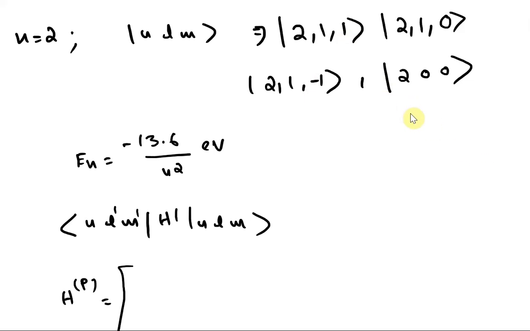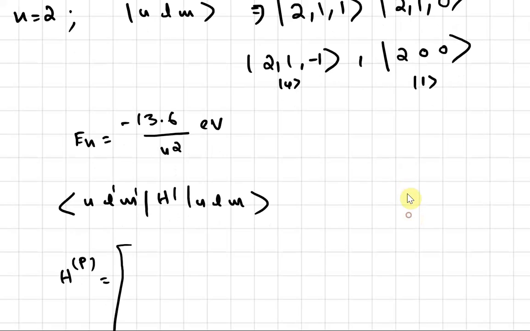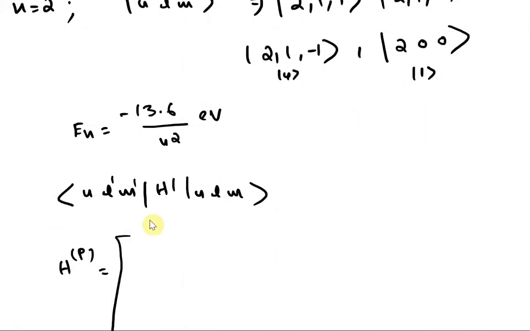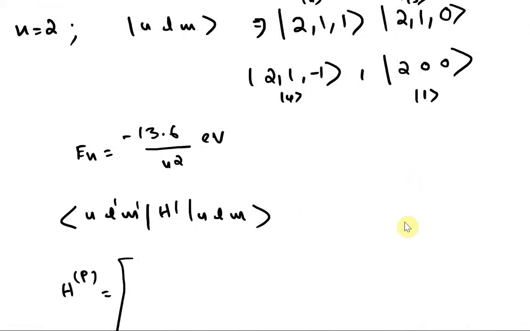I'll just take this one as my state 1, this is 2, this is 3, and this is 4, different states. So the first state is going to be 200. Once you label like that, you can use the label and find out the same components in that order.